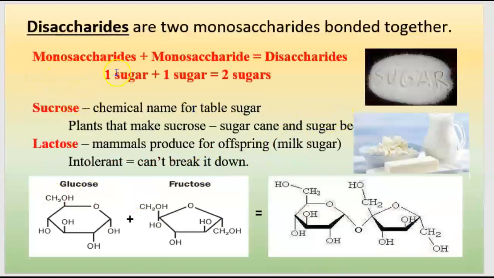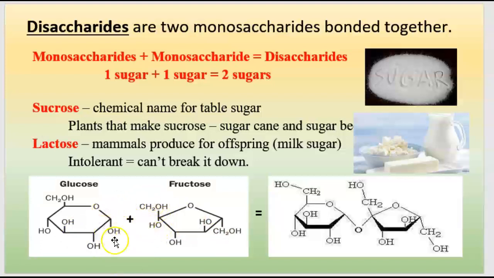So again, mono plus mono is di, or 1 plus 1 is 2. Sucrose is the chemical name for table sugar, and lactose is the chemical name for milk sugar. Not all milk is protein. There's a sugar in there as well. And so again, in order to make this, if you could see this chemically, there's an OH here and an OH here.